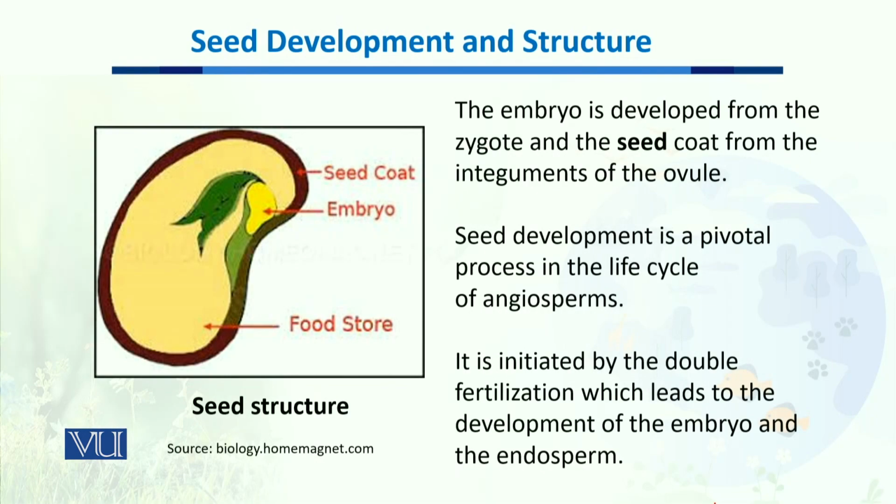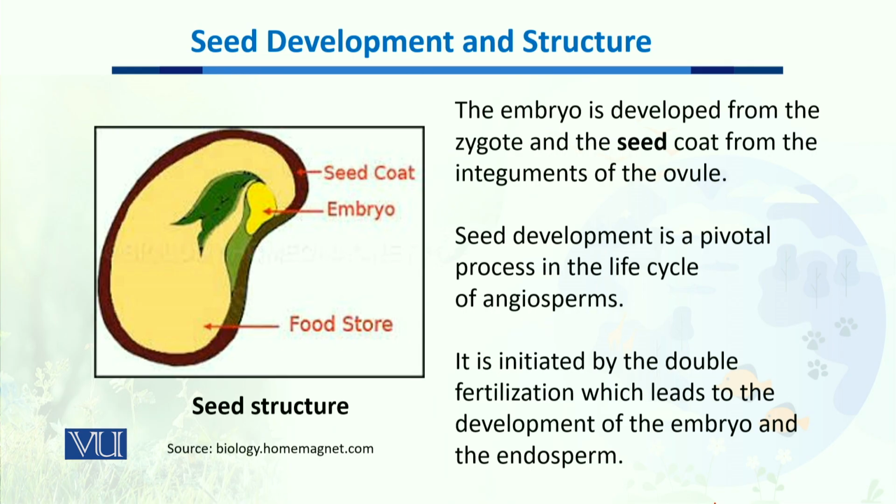Now, when we talk about the embryo, the embryo of the initial seed is developed from the zygote, and the seed coat from the integuments of the ovules. These structures are part of the seeds.